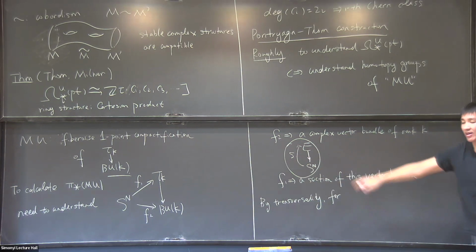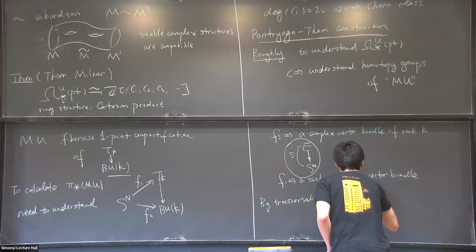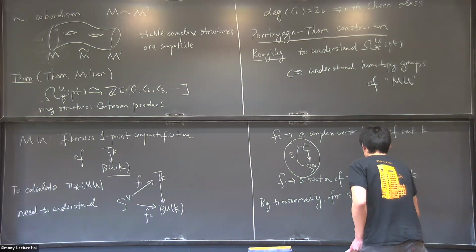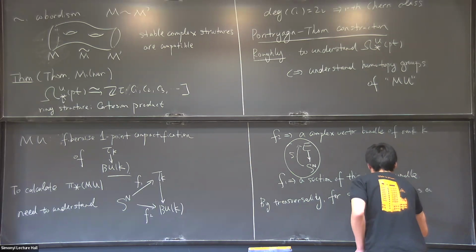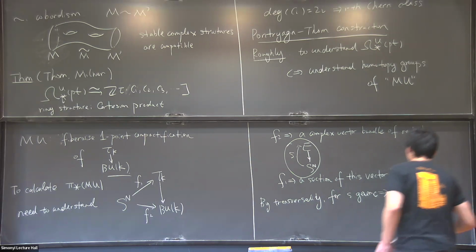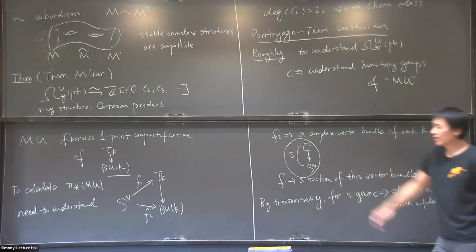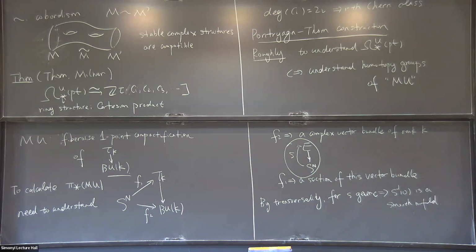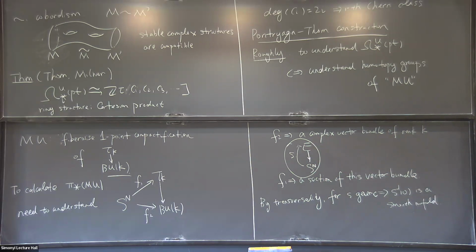For this section S generic, we can infer that the zero locus is a smooth manifold. Moreover, the sphere has a standard stable complex structure because of the Euler sequence, and the vector bundle E is also complex, which implies that this zero locus is actually stably complex.